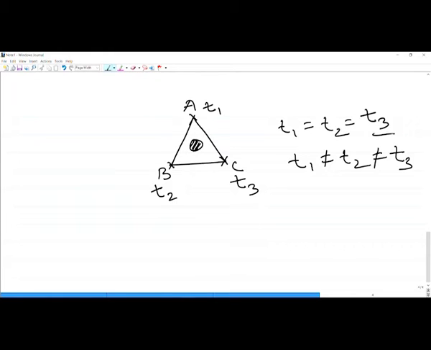For example, if sensor A receives the signal first, then T1 will be less than T2 and T3, and then you can say that this acoustic emission source is possibly closer to sensor A compared to sensor B and sensor C.